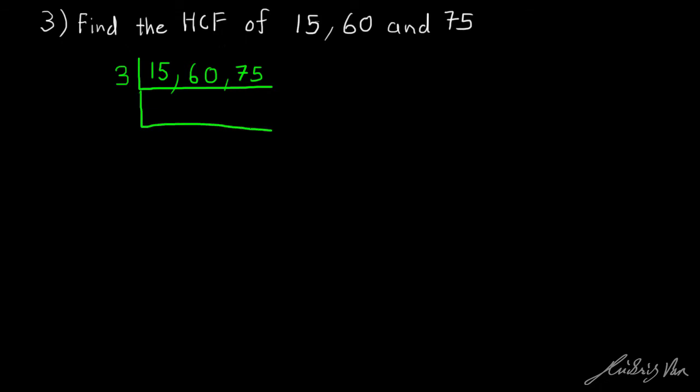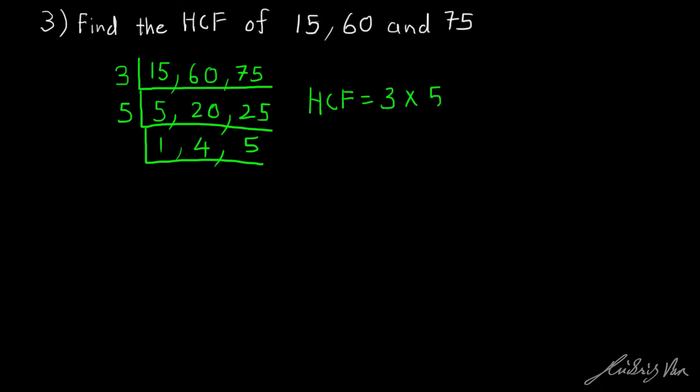Yes. So we divide the 3 numbers by 3, and we will get 5, 20, and 25. So what is the common factor of these 3 numbers? It is 5. So we divide the 3 numbers by 5, and we get 1, 4, and 5. So the highest common factor of the 3 numbers will be 3 times 5, which will give us 15.